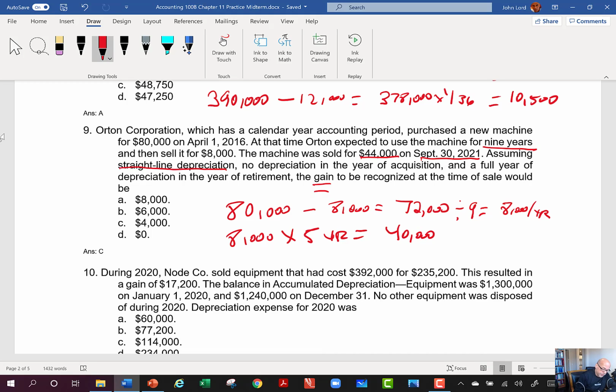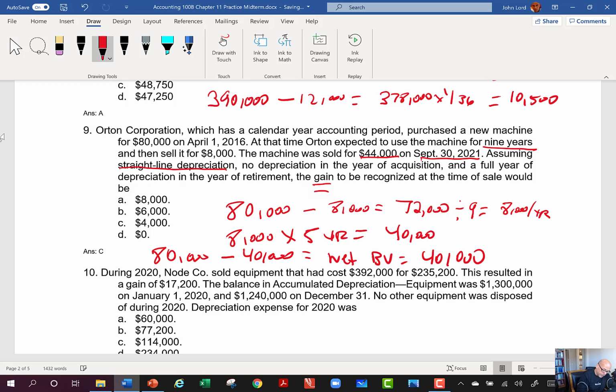Okay, so I take the 80,000 minus 40,000. Again, I take a full year depreciation in the year I dispose of that asset. That gives me a net book value, BV is book value, of 40,000.